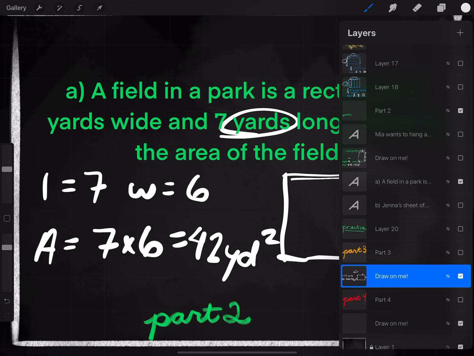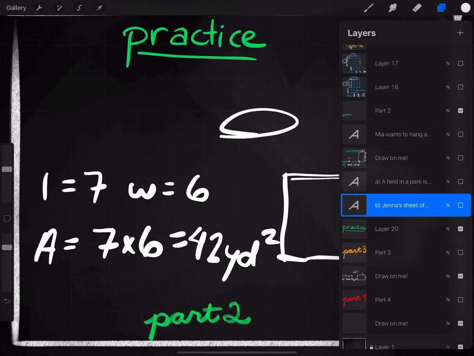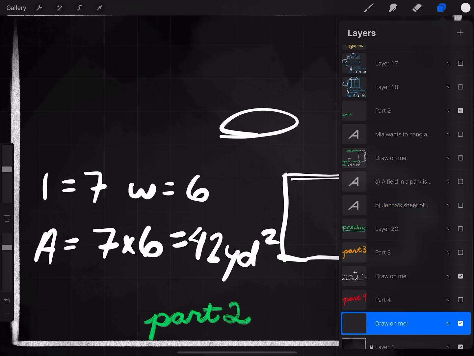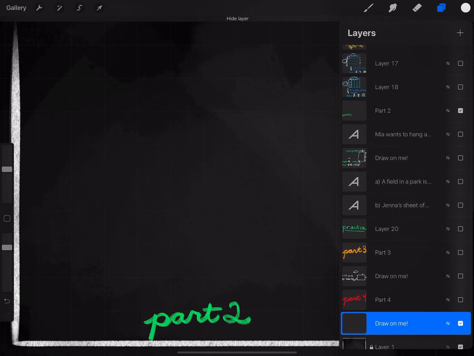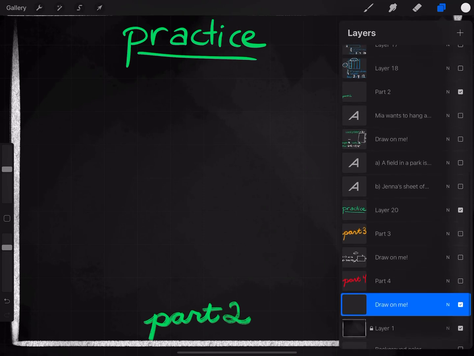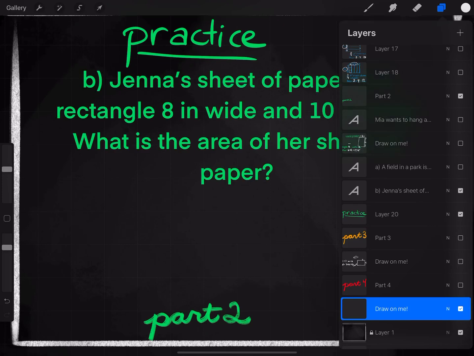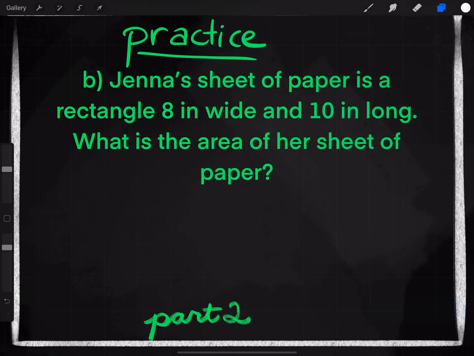And we have one more. Oh, do we not have one more? Maybe we don't even have one more. Oh, yes, we do.